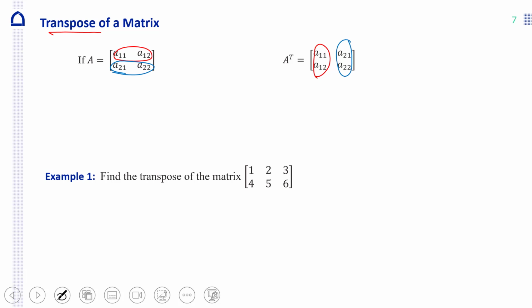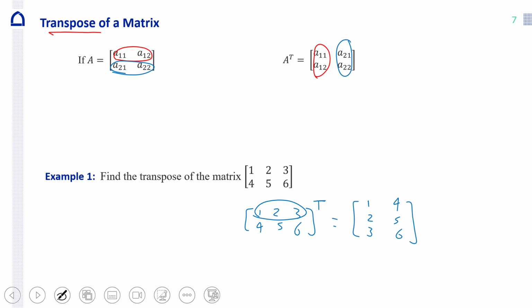So let's go for this one. If I would like to have the transpose of this matrix, you take the first row to be your first column, and the second row to be the second column.